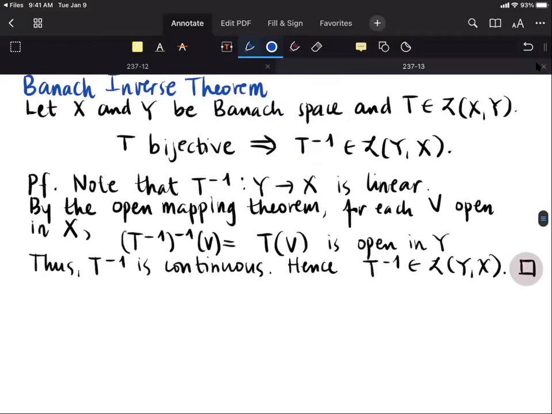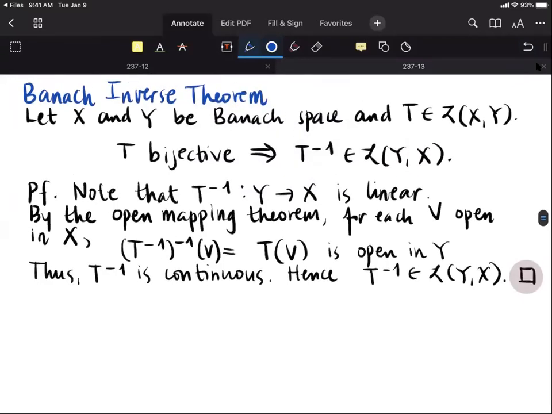And from this Banach inverse theorem, we also get the so-called closed graph theorem.